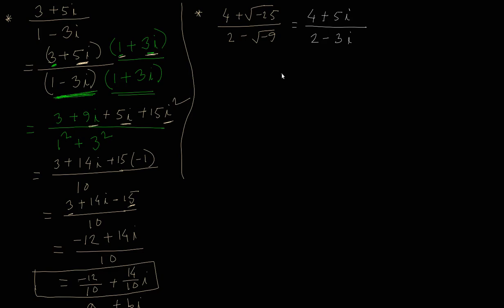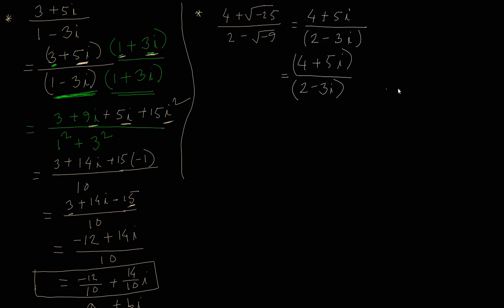Now as before, I want to make sure that my denominator is a real number. Let me write it down again: 2 minus 3i in the denominator, and 4 plus 5i in the numerator.